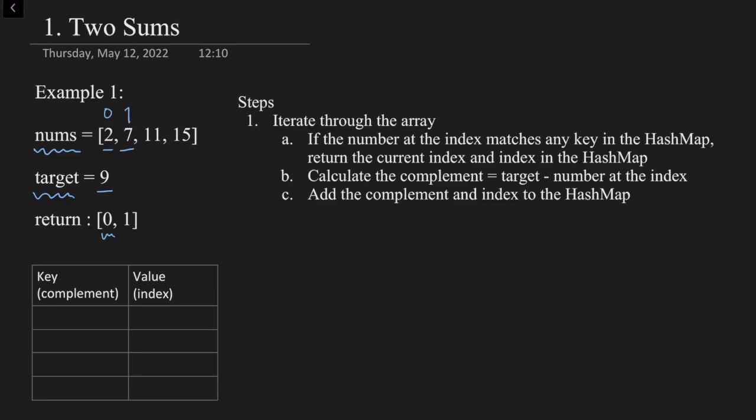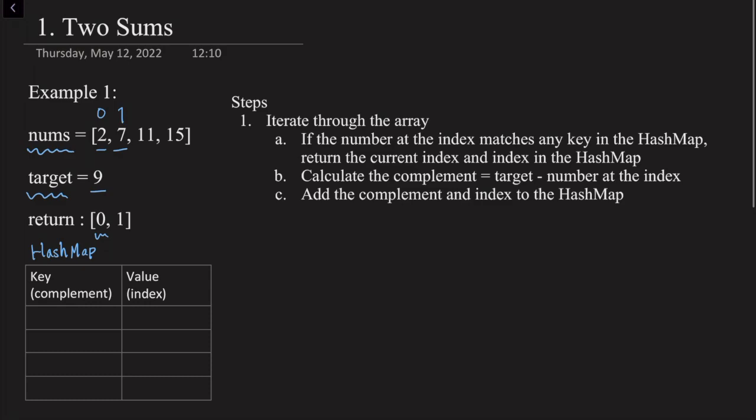Okay, so for this problem, we're going to use a hash map that has key and value pairs. And the first thing we're going to do is iterate through the array. Each time you iterate through the array, first we're going to check if the number at the index matches any key in the hash map.